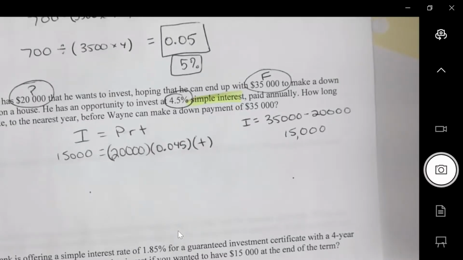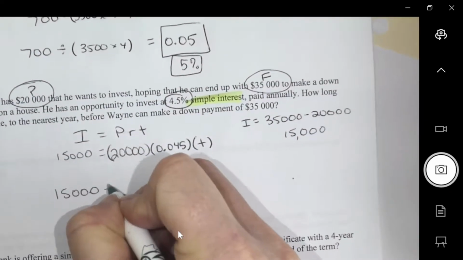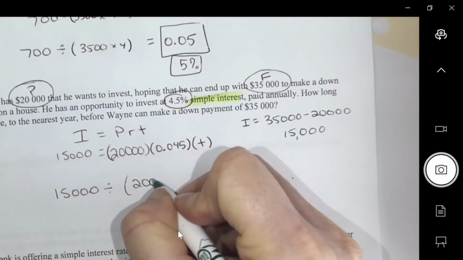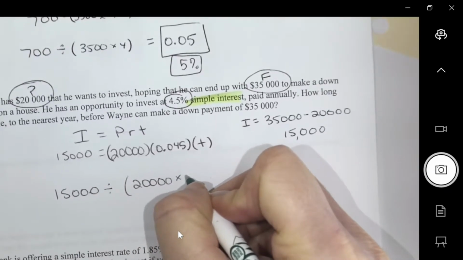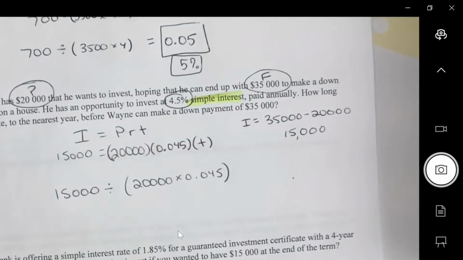Again, you have to type this in properly. You're going to want your calculator to look like this. That's what you'll want in your calculator. Brackets are a must.